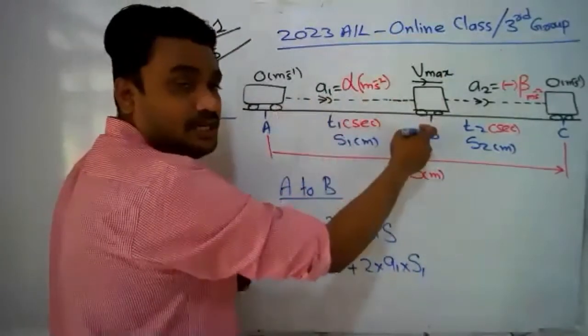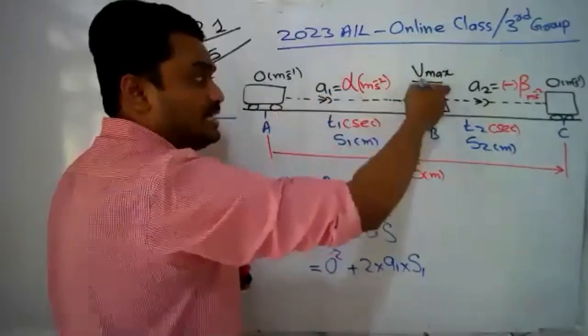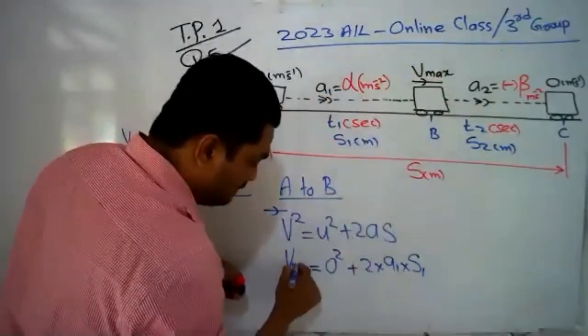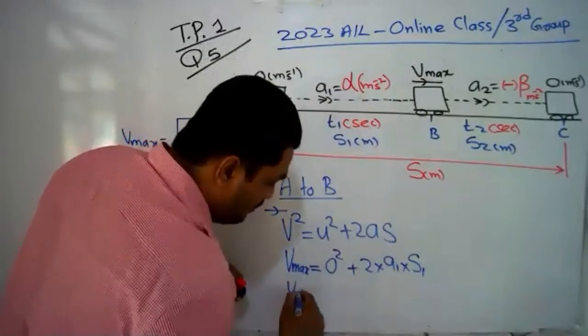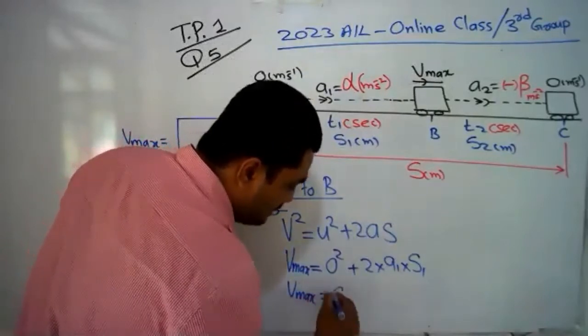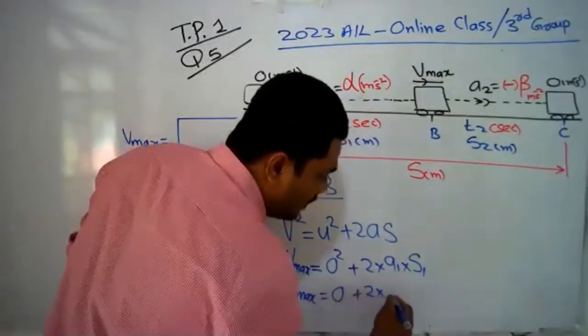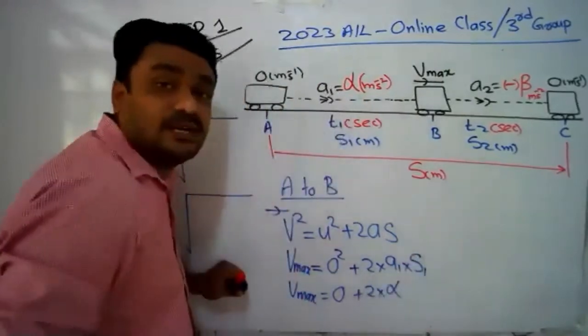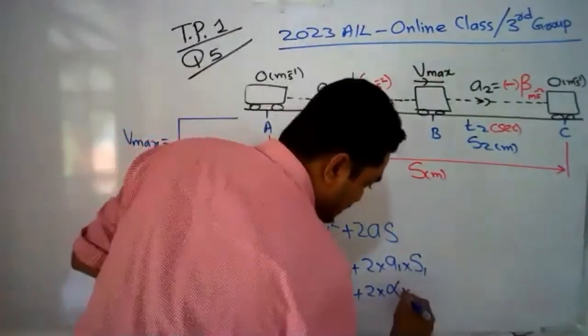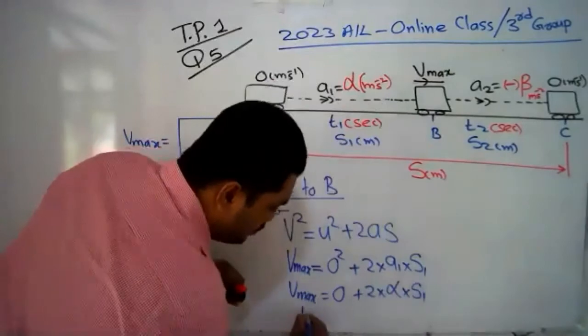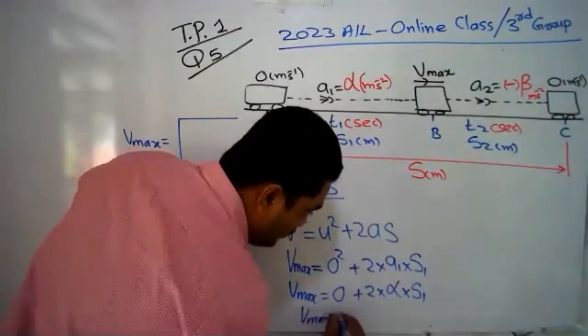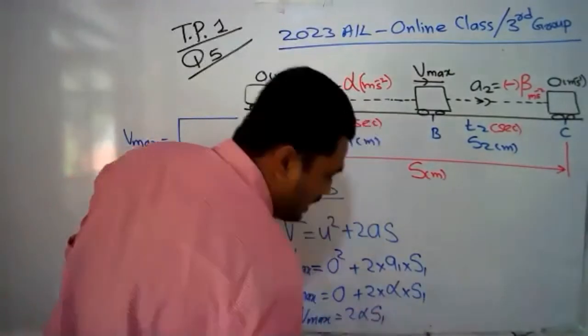In the AB section, the final velocity is the velocity at point B, that is Vmax. So Vmax square equals 0 square, which is 0, plus 2 alpha S1, since A1 is given as alpha. So Vmax square equals 2 alpha S1.